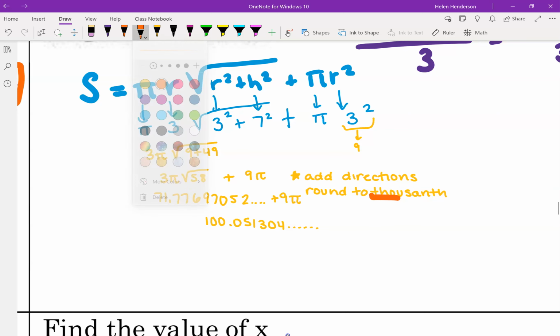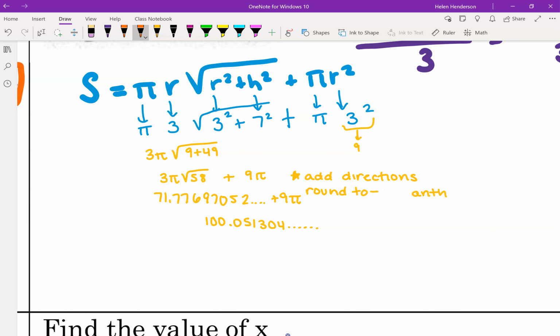And when you're rounding, we are rounding to the nearest thousandth. So that's 3 digits, 1, 2, 3. Now you don't just keep what you've got, you have to look to the right. So when I look to the right, I see a 3.